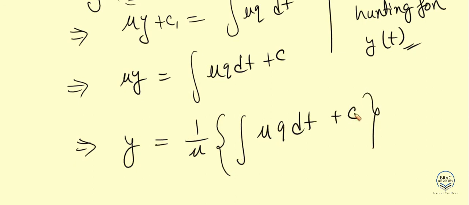And in fact we can do even more. At this point we are done, and this c will come from the boundary conditions or the initial value problems that you are dealing with. But we can do more, that is, we can also write this c in terms of y t0, that is the initial condition, and mu t0.